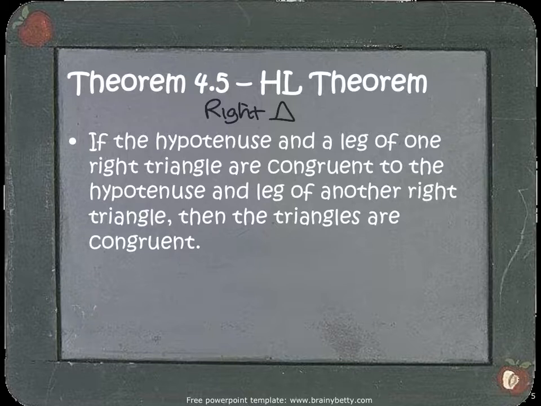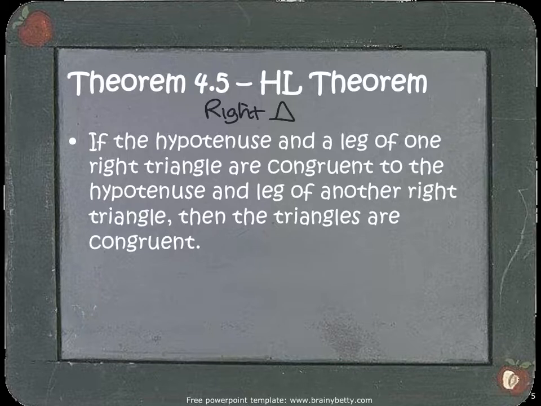So what this theorem states is if the hypotenuse and a leg of one right triangle are congruent to the hypotenuse and leg of another right triangle, then the triangles are congruent. So in order for you to use this one, it must be a right triangle. So this is the one that people tend to forget.